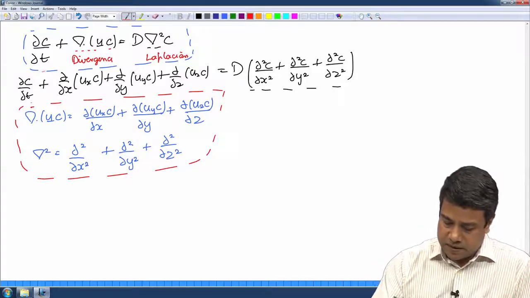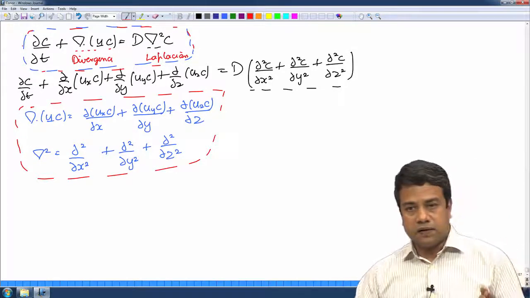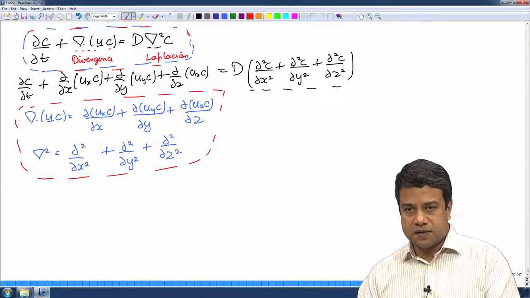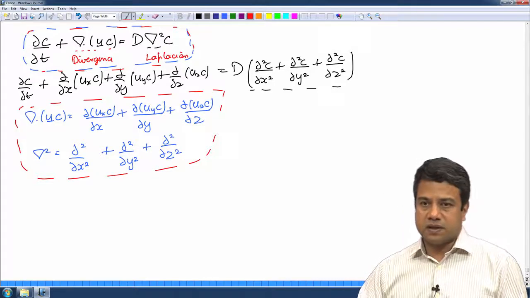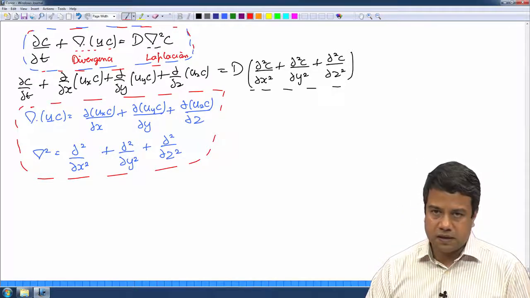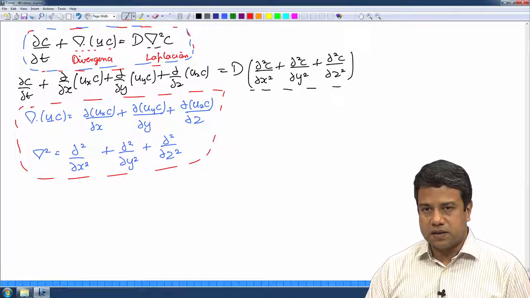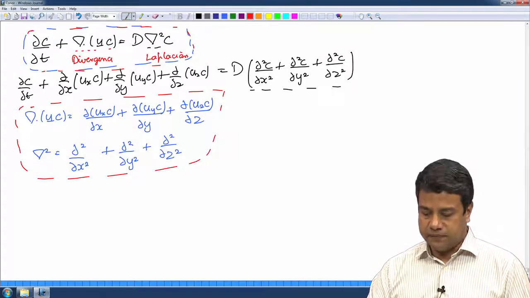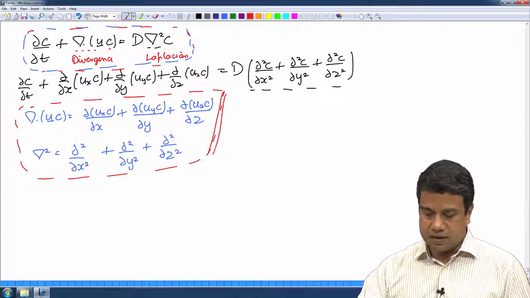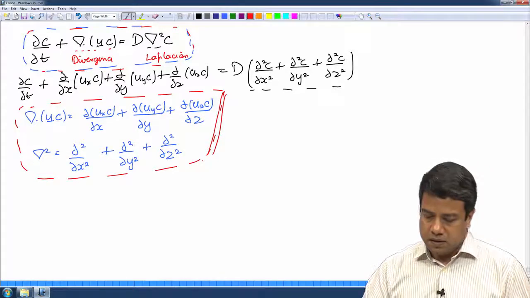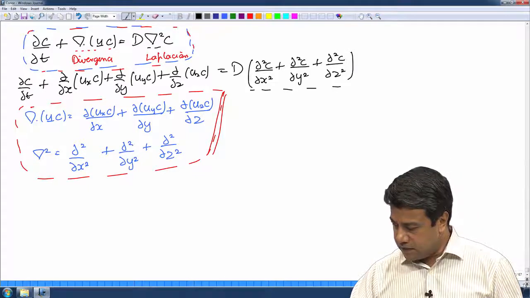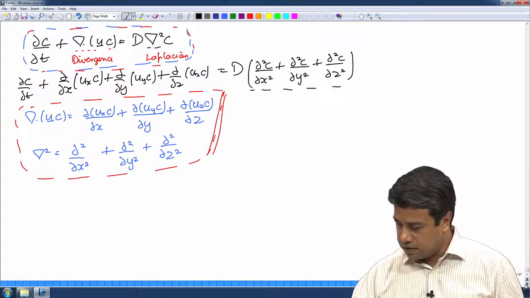However, this equation does not change. The general equation that you have dc by dt plus the divergence of u times c on the left side and a diffusion coefficient times the Laplacian of c on the right side, that does not change. That is the same for all coordinate systems when written in this vector form. However, these things will change. So, in the next lecture I will derive for you the conservation equations in a spherical coordinate system.